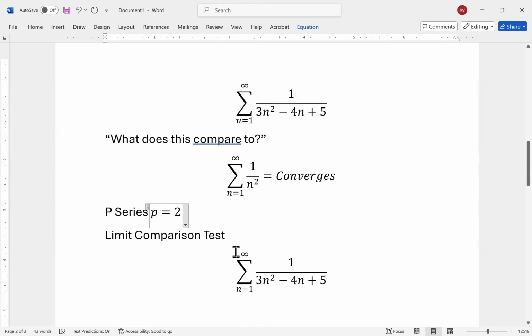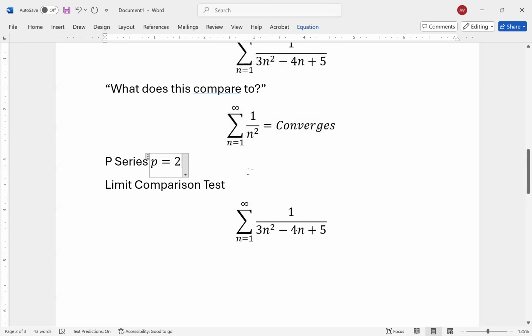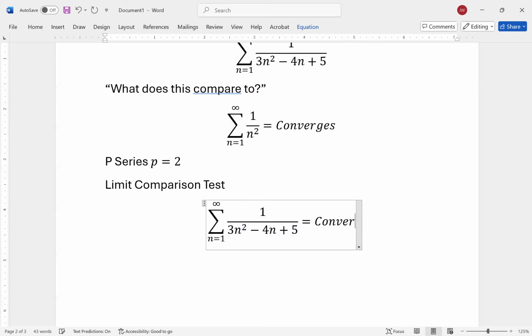For me, this is basically all I do. And I know that these terms are behaving very similar. And so what I do from there is I just say, based on the limit comparison test, this infinite series also converges.